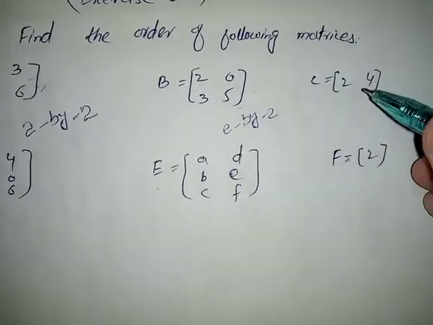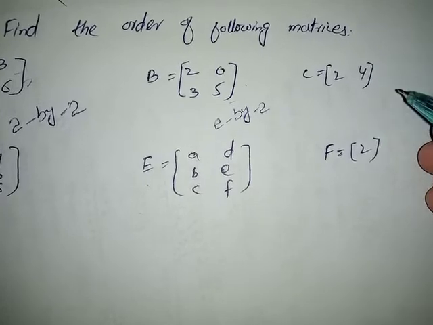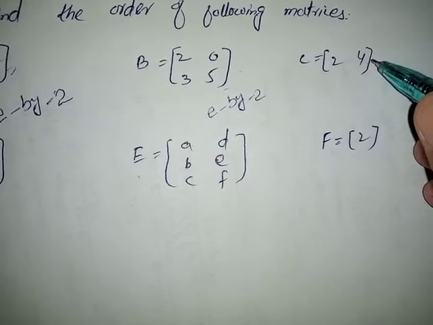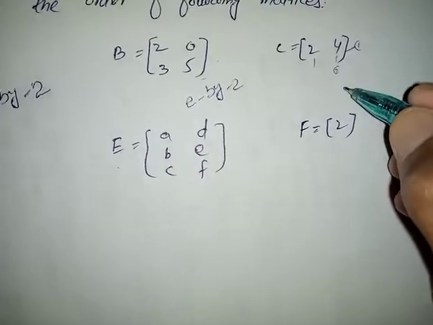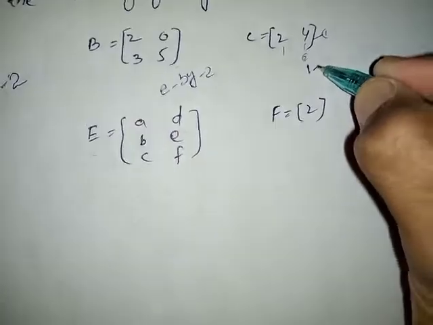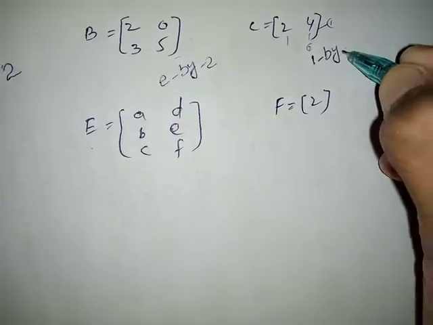Now we have a different matrix in which we see only one row and two columns, so we say that this is a matrix of order 1 by 2.